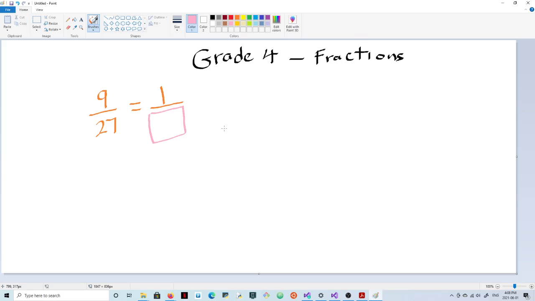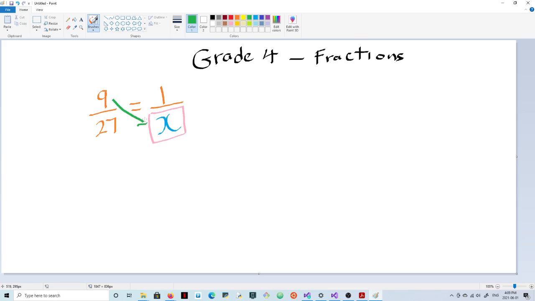Now to work a question like this, you don't know what should be here, but you can say let it be x. So you put an x here because you want to know what is x. Now this here can be simplified like this.